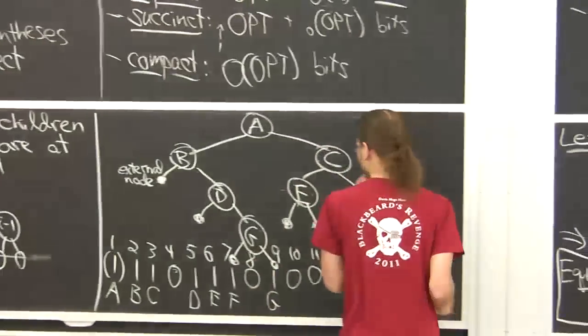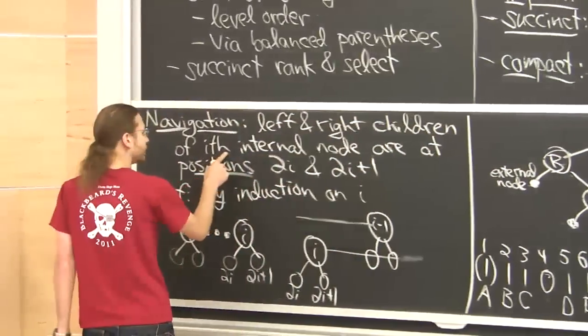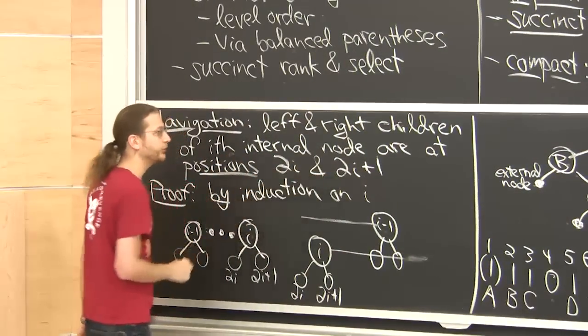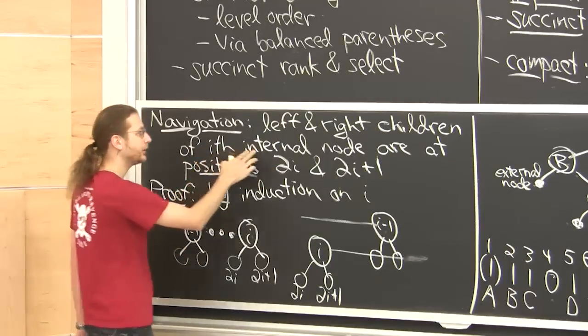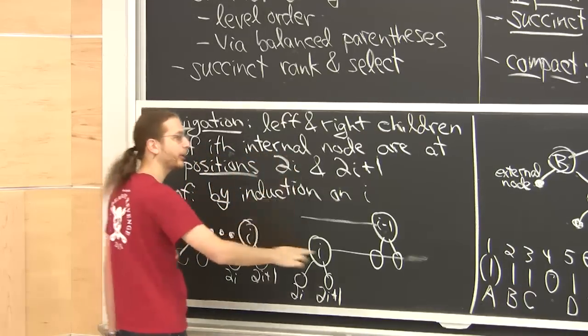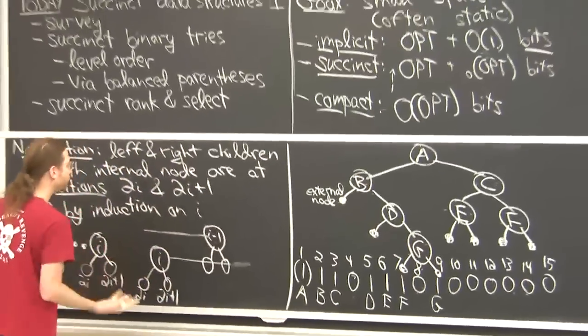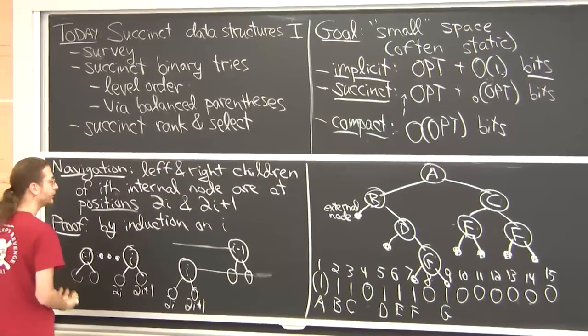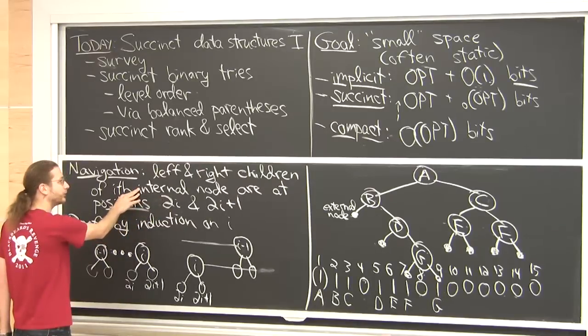Okay, so this is good news. It says if we have the ith internal node, we can find the left and the right children, but these are in different namespaces, right? On the one hand, we're counting by internal nodes. On the other hand, we're counting by position in the array, which is counting position by internal and external nodes. This counts both zeros and ones. This only counts ones.